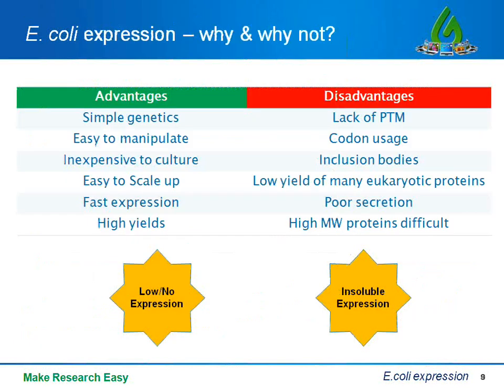So we know that E. coli is the top choice, but what makes it favorable and what are some of the disadvantages? A combination of simple genetics, ease of culturing and scalability, fast expression in high yields, makes it an attractive choice, while the lack of an efficient post-translational machinery, codon usage bias, and difficulty in producing high molecular weight proteins makes it disadvantageous.